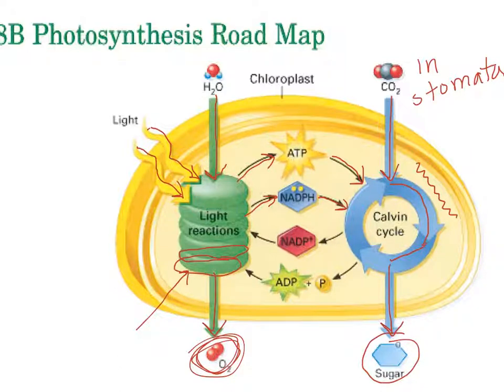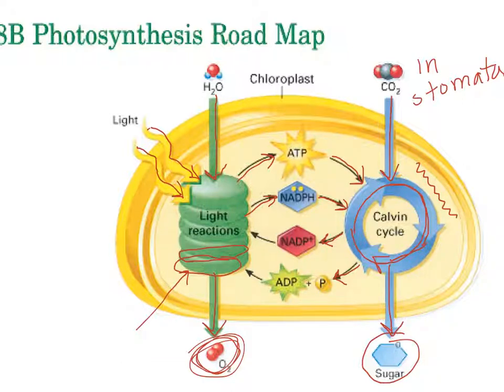In the process of going through the cycle, we're producing ADP plus P, and we're also producing NADP plus, because we're breaking up the ATP and we're taking the electrons and protons off of NADPH, and the cycle will continue to go and go.